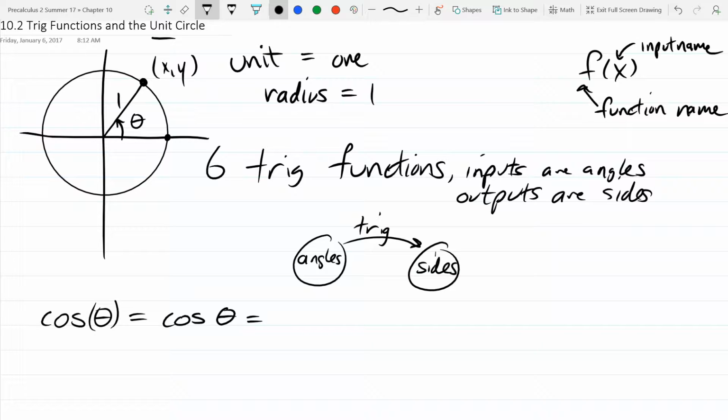Alright, so we can see our theta up here. Here's the theta. Cosine is the x-coordinate. This is the definition.